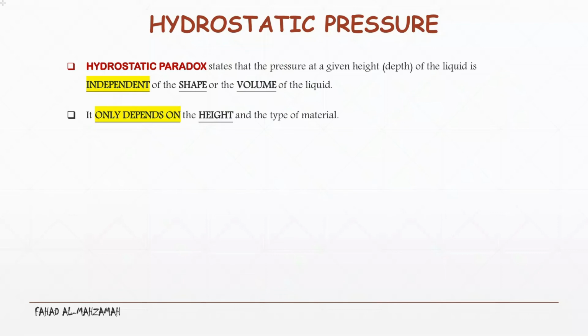The volume inside the cup is completely different from the volume of 1 meter of water covering the classroom. But the hydrostatic paradox says that the pressure would be the same at 1 meter height of water. So it only depends on the height of the liquid and the type of the material.